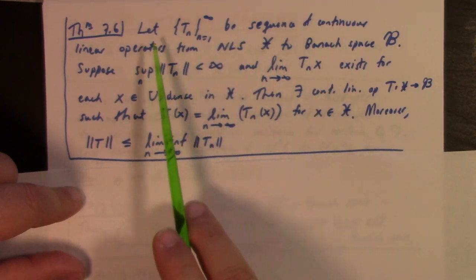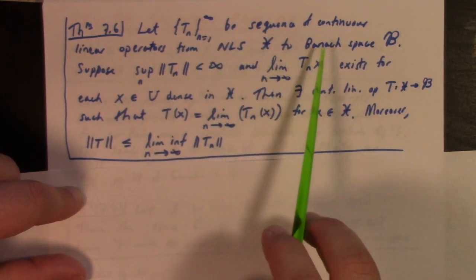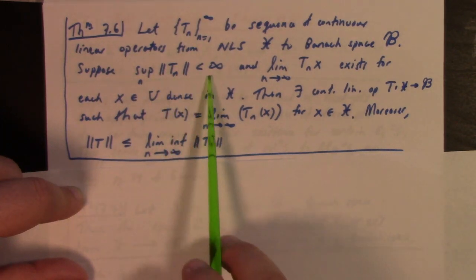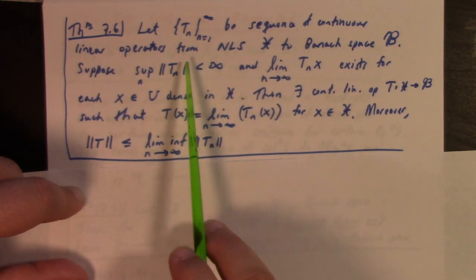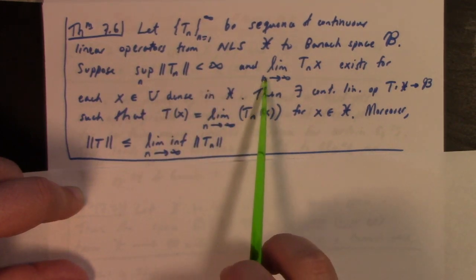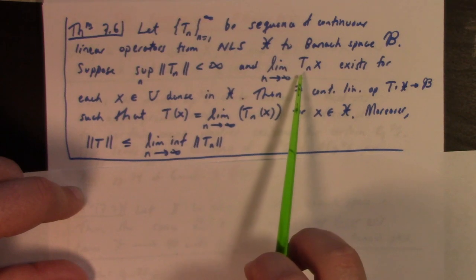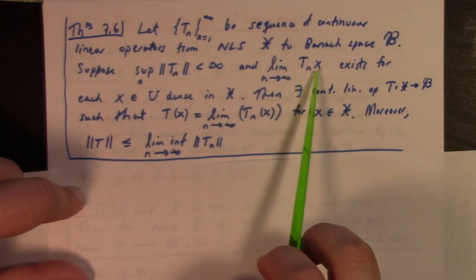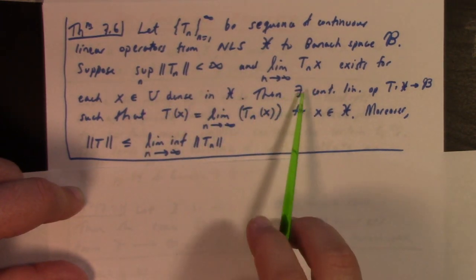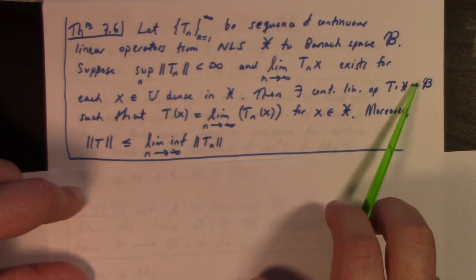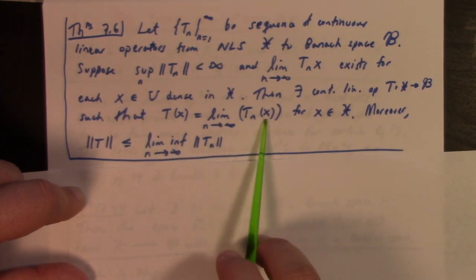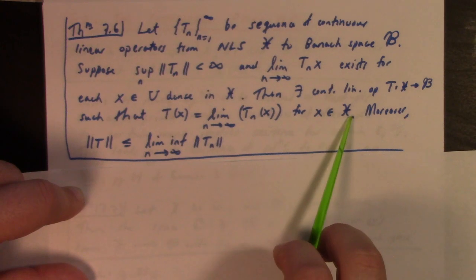If we have a sequence of continuous linear operators from a normed linear space X to a Banach space B, and the supremum of the norms of the sequence of operators is less than infinity, and if the limit as n goes to infinity of Tn of x exists for each x in some dense subset of X, then there exists a continuous linear operator from the whole vector space to the Banach space such that it appears as the limit of the sequence of given operators for each x in the metric space.